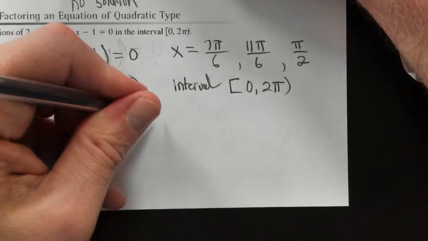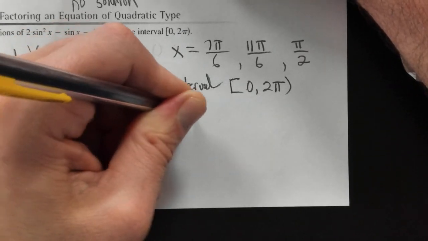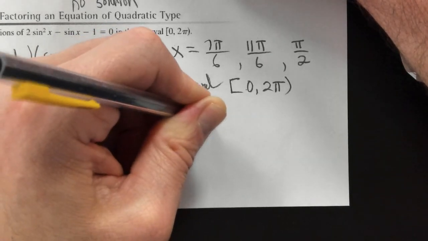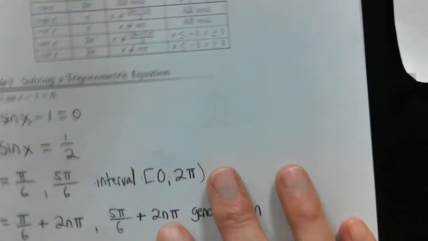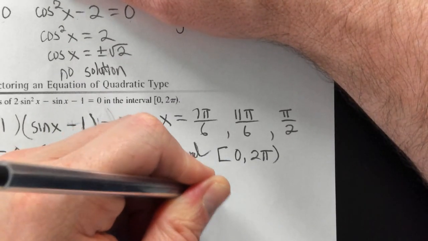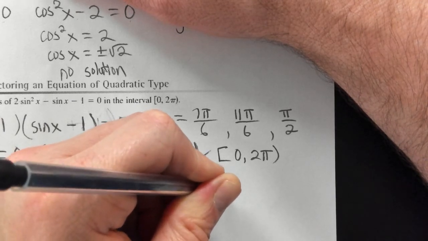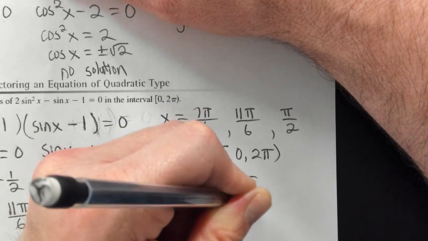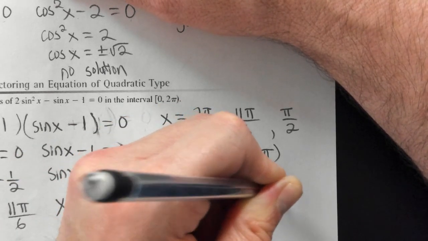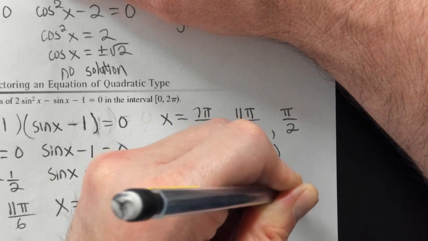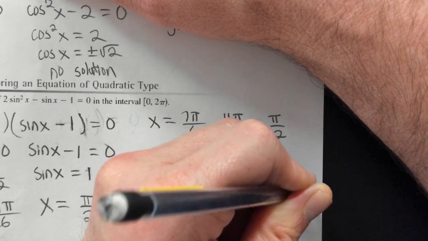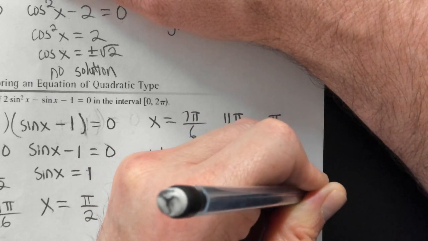And if I wanted to write this in a general format, it would be 7 pi over 6 plus, remember, the period is 2 pi, so that would be plus 2n pi, 11 pi over 6 plus 2n pi, and pi over 2 plus 2n pi.